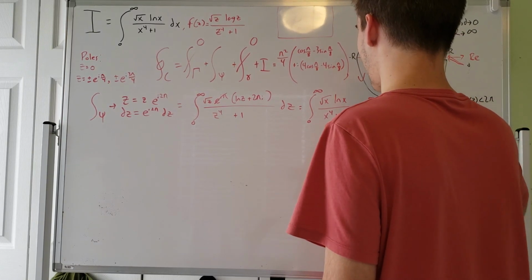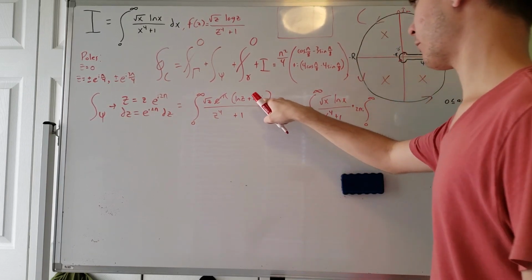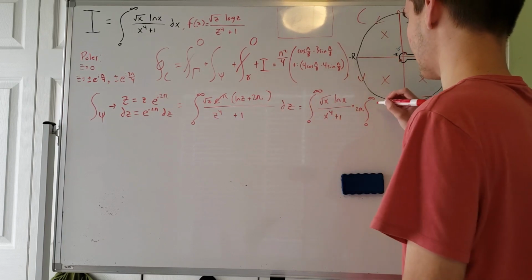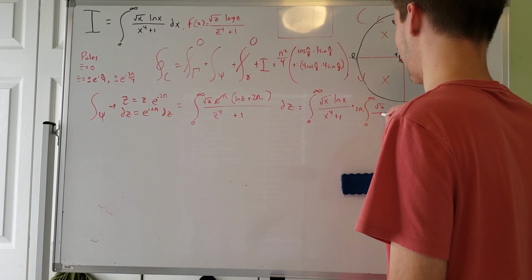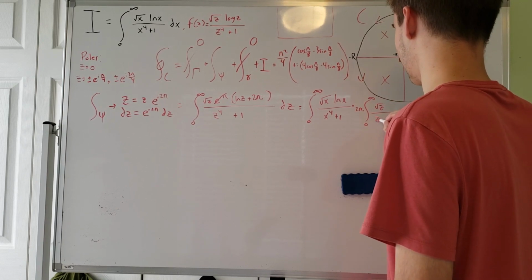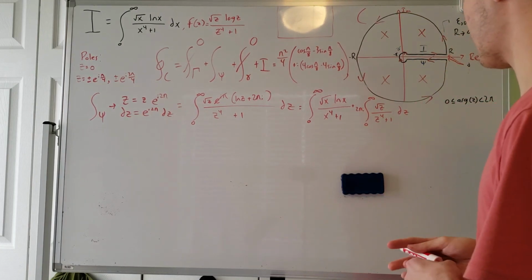But we have this 2 pi i next to it from this coefficient. So I'm really just foiling, multiplying this times this, and this times that, times root z over z to the 4th plus 1 dz.